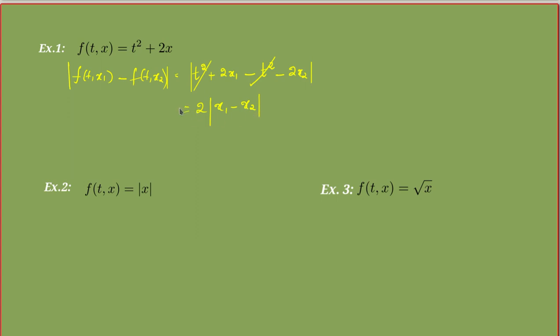So I can finally write this as less than or equal to 2 times |x1 minus x2|, for which I got a constant 2 as a Lipschitz constant here.